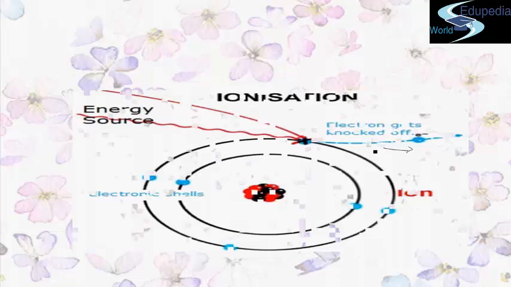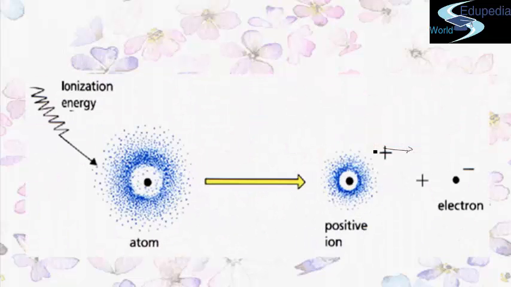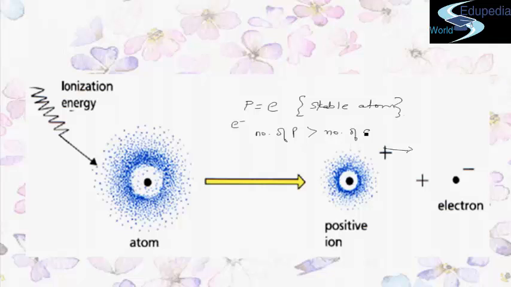So let's understand it like this. We know that we have an equal number of protons and electrons in a stable atom, or you can say a stable element. Now, if we remove one electron, obviously the number of protons is greater than the number of electrons.